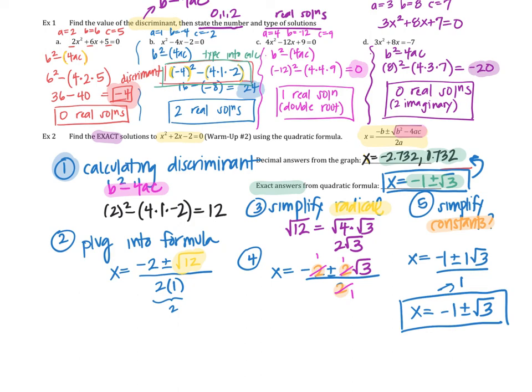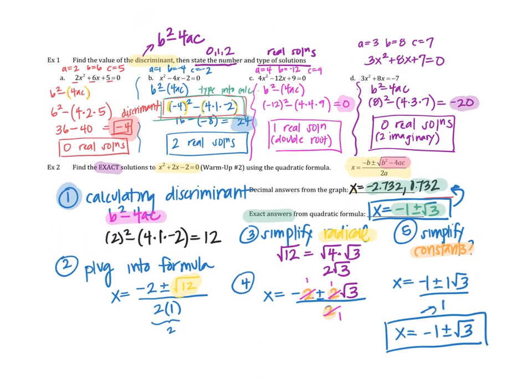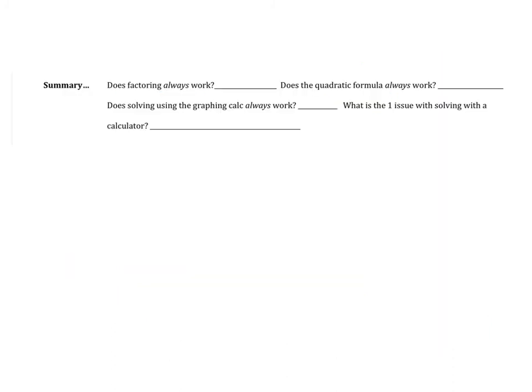Now, walking out of class today or finishing this video, you should feel confident calculating the value of the discriminant, which is b squared minus 4ac, and then naming the number and type of solution. So you just got a preview of the quadratic formula, and that's what we'll spend a lot of time on in the next few days.